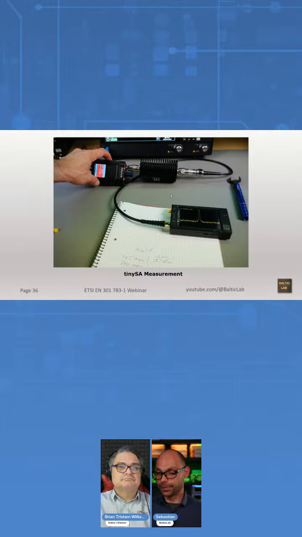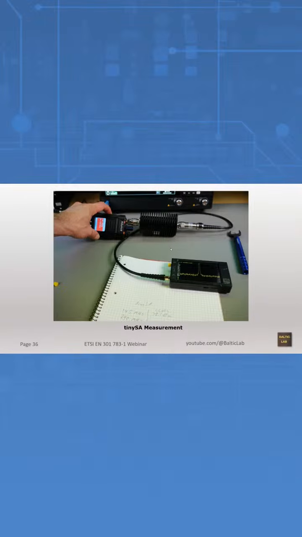I have it somewhere on paper, of which you see a picture there, but I don't remember where I put the paper. The biggest deviation after manually applying the correction factors between the Rigol RSA and the TinySA was about 0.8 decibels at the third harmonic. That's not only not much of a difference, it's also less than what the standard requires. So to answer that question, yes, you can use the TinySA.